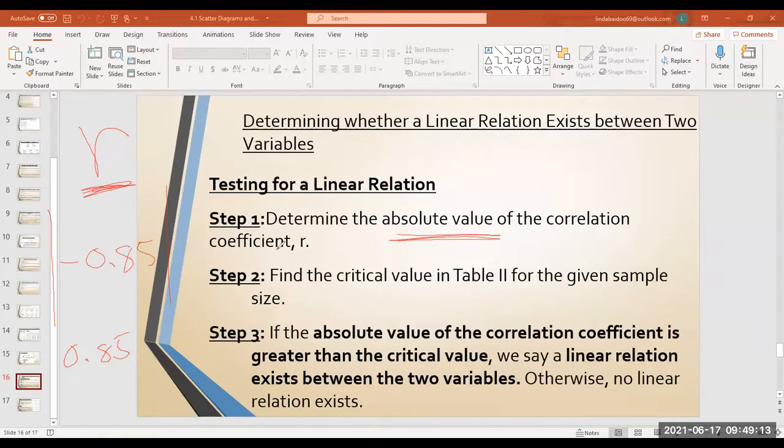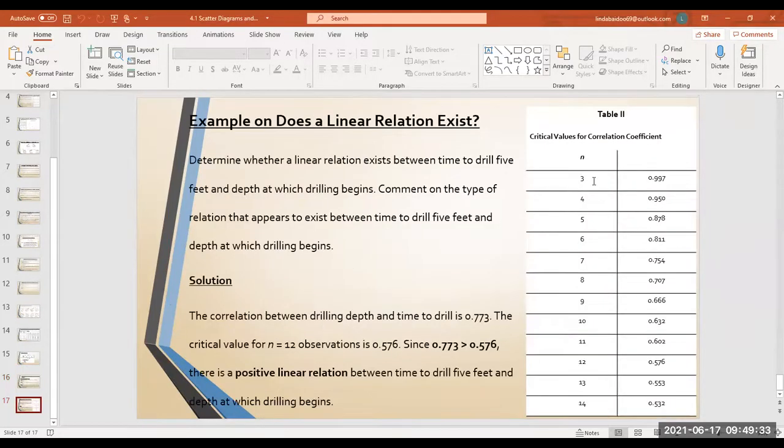So look for the absolute value of your R. Then we will use a small table which will be given to you in the question. You will be given a critical value table. Part of the table is what I have here. This table is a long one, but this is part of it.